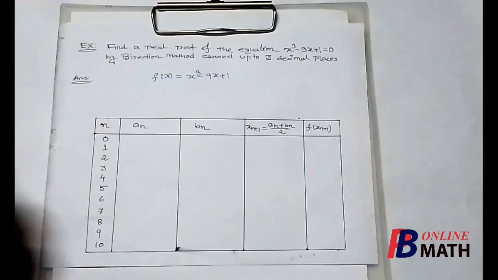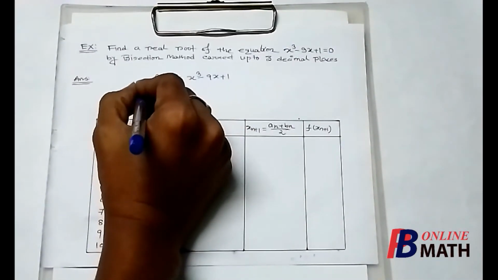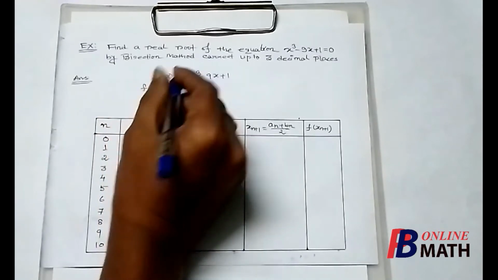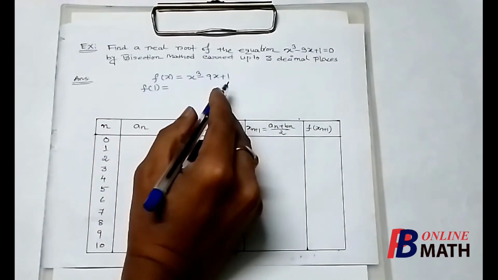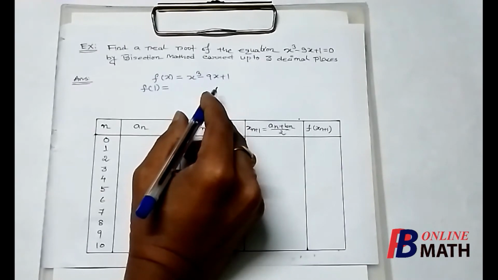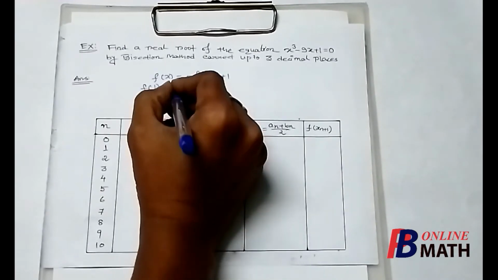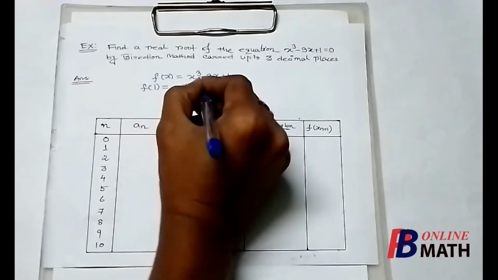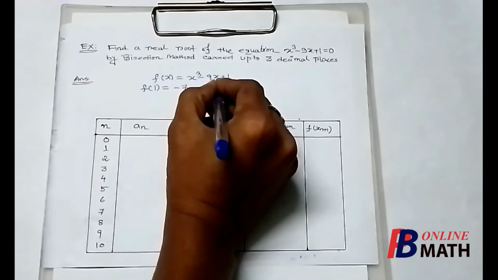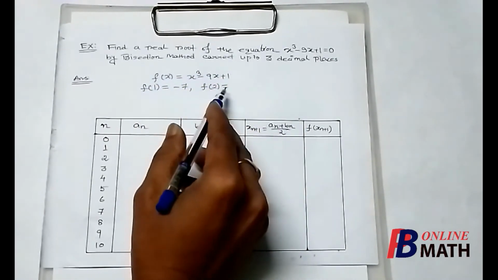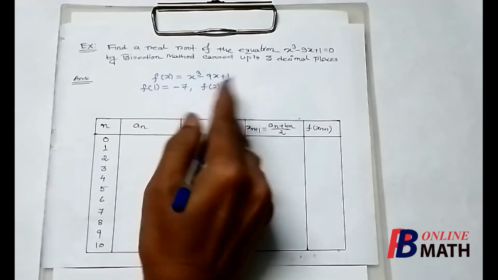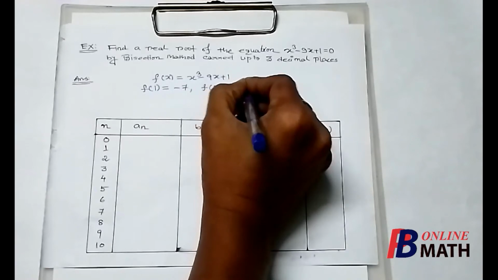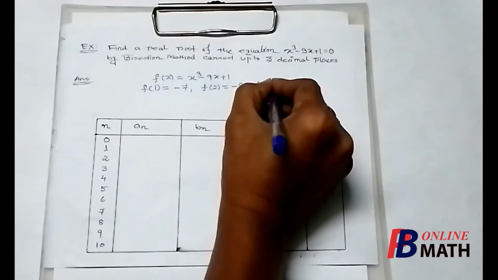So for that we first find f(1). Now we find that f(1) equal to 1 minus 9 plus 1, which is minus 7. Now we find f(2). Now f(2) is equal to 8 plus 1, 9, minus 18. So it is minus 9. Now we find f(3).